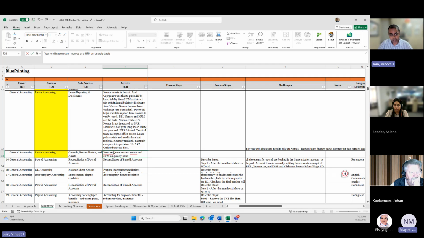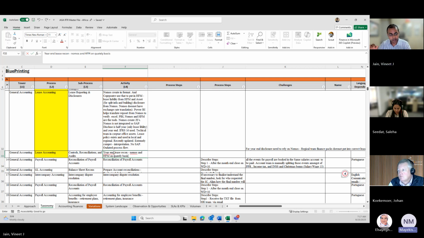So Power BI is a calculation and reporting tool, right? I'm asking about when you reconcile X and Y, is there a template to it, or do you do it in Excel? We use Power BI. Power BI compares Nomos to HFM. Is Power BI connected already, or do you input the information?